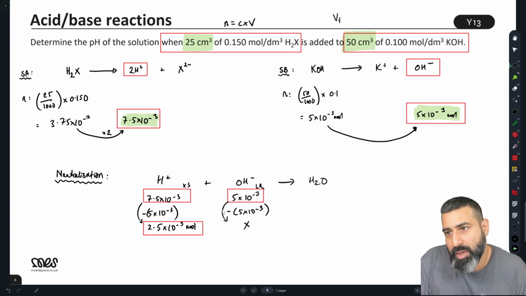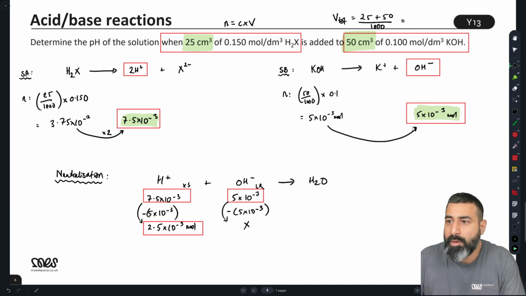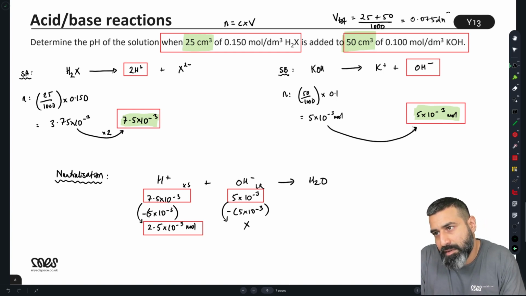So my V total is going to be 25 plus 50 over 1,000. So this is going to be 75 over 1,000, which is 0.075 decimeters cubed.